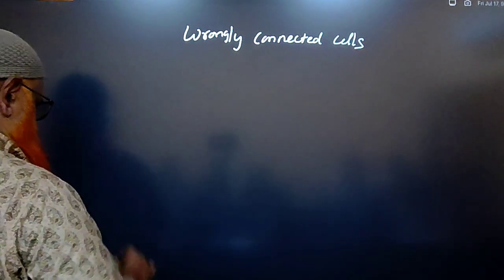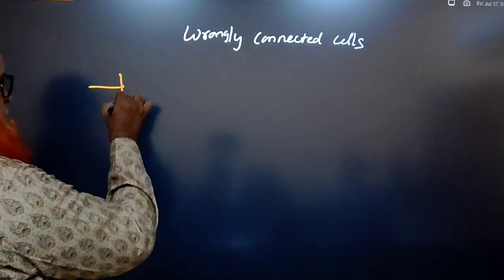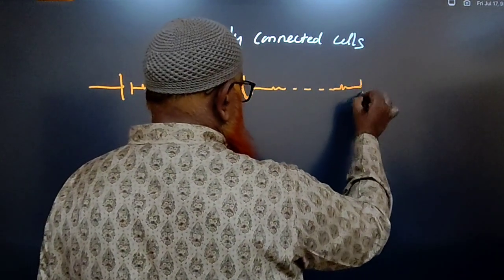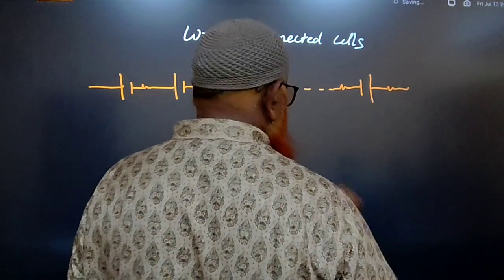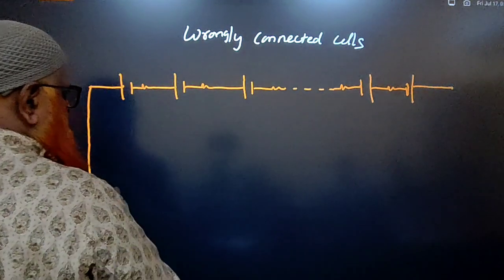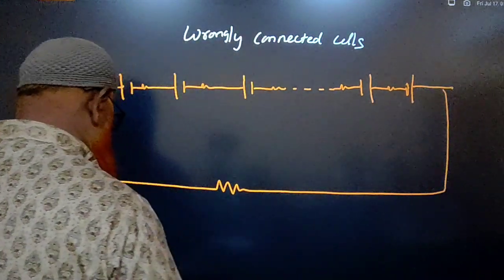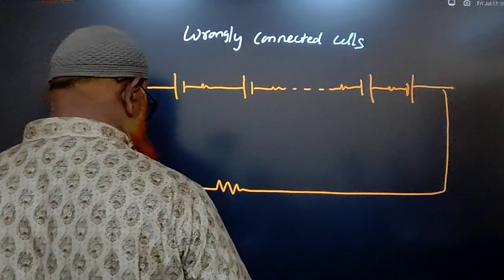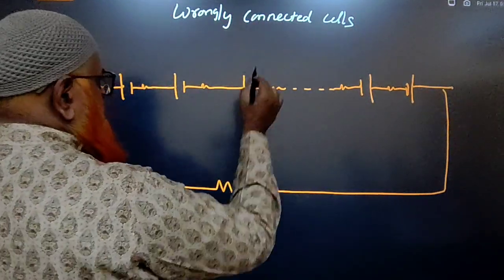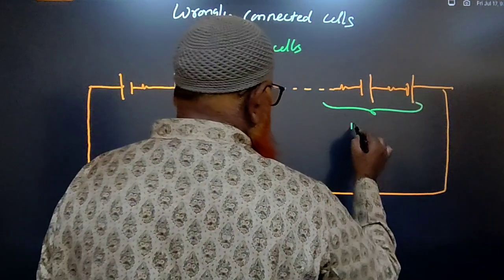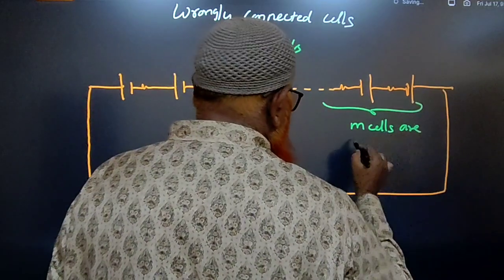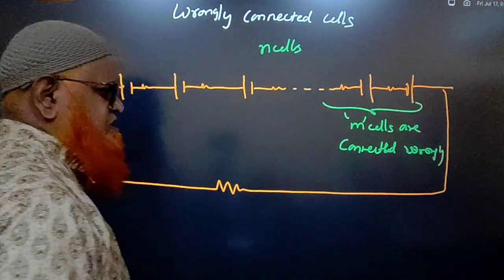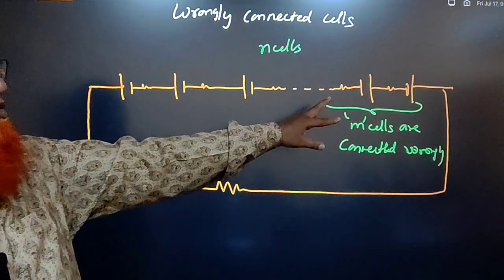See, totally n cells are present, in which m cells are connected wrongly. Totally there are n cells, and out of them m cells are connected wrongly.